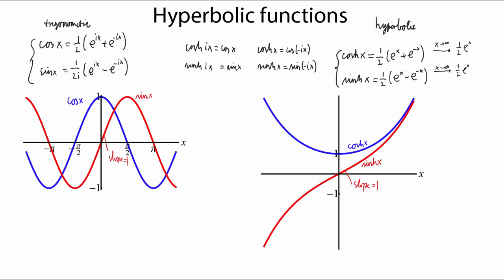In addition to cosh and sinh, you also have the equivalent to the tangent function for the trigonometric function. We have tanh, the hyperbolic tangent. So tanh of x is just sinh of x divided by cosh of x.